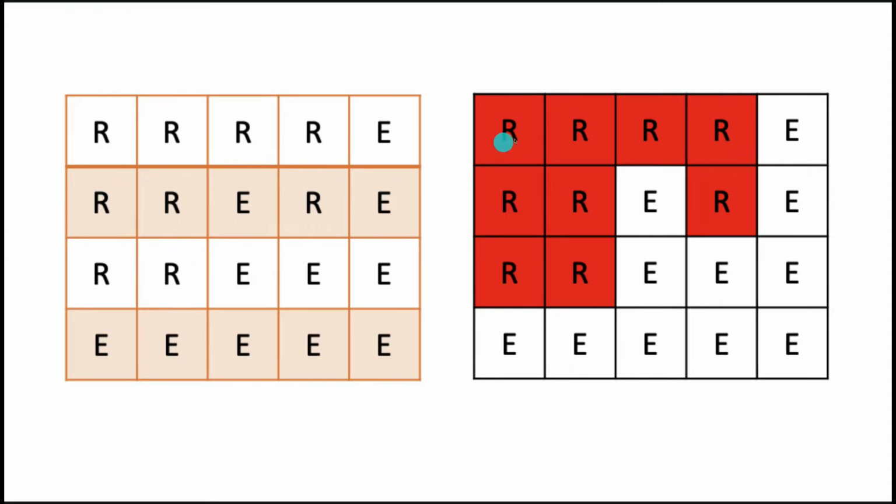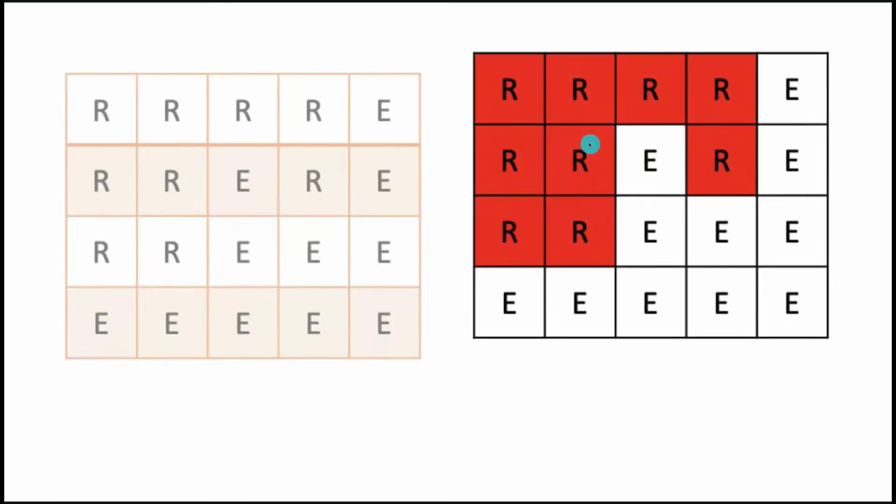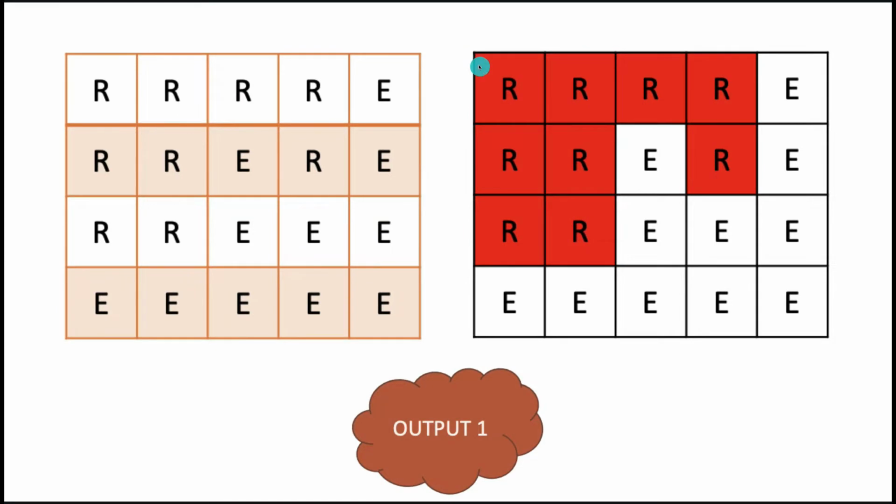Whenever you click on one R, all the horizontal and vertical red pixels should be erased, and following this R, all the horizontal pixels should be erased. So all these pixels will be erased in one go. So the output here is 1. We pick one eraser tool at once and all the neighboring horizontal and vertical pixels will be erased.